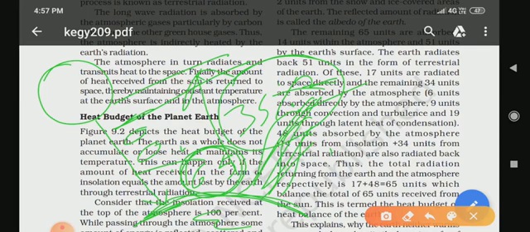So how do we get 65 again? By 17 plus 48. This is termed the heat budget, and this explains why the earth neither warms up nor cools down.